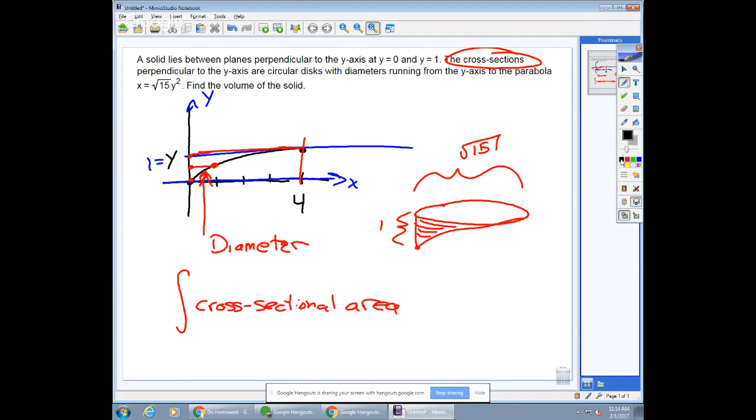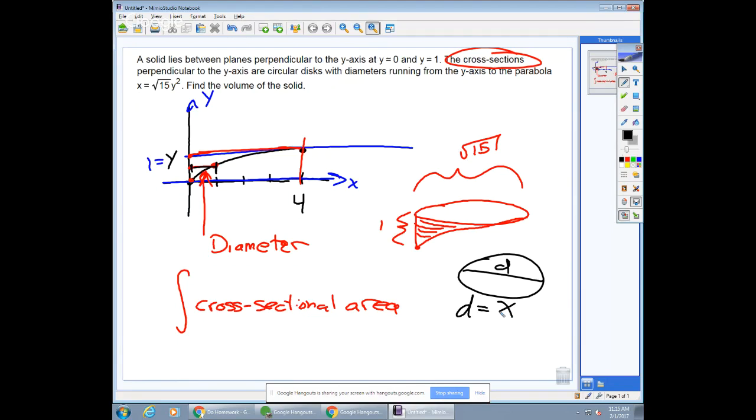Well, each of these lines is a diameter of a circle, so our cross sections are circular. The diameter of one of these cross sections, d, is equal to the distance from the y-axis over to that point over there. Now that's a horizontal distance, right? So what variable expresses horizontal distances? X. So it's going to be x equals stuff.